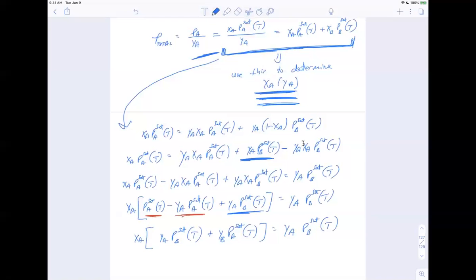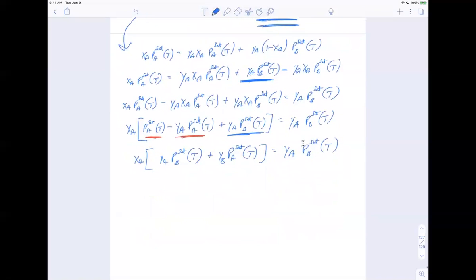So we can do that now by just solving this expression for xa. So xa becomes ya times PB sat, divided by this thing in the brackets, which is ya PB sat plus yb times PA sat.